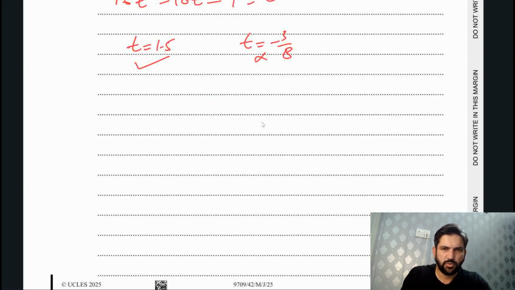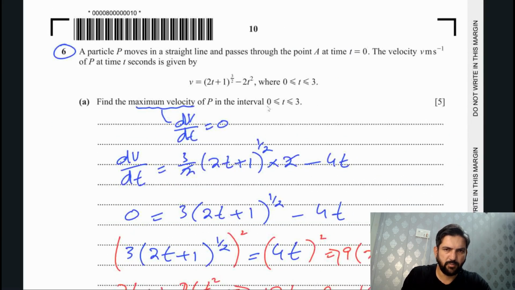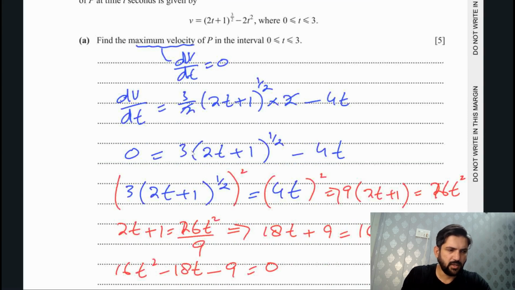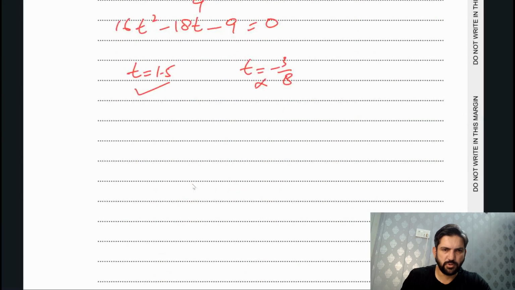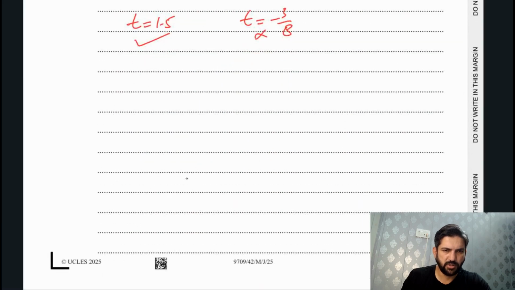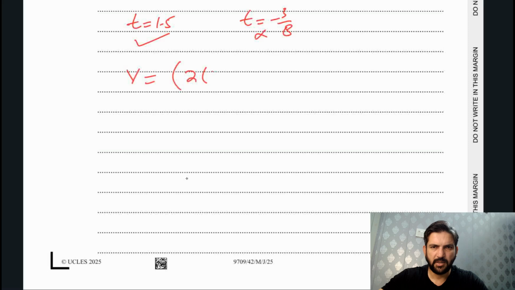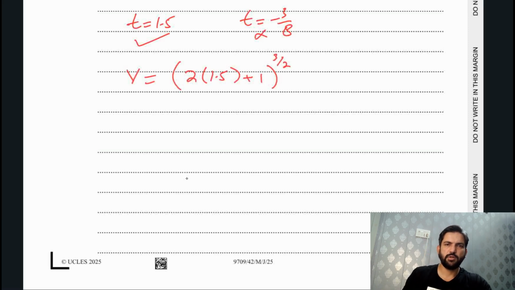It was given to us here that v is equals to 2t plus 1 whole power 3 by 2 minus 2t square. So let me use the values again, that v is equals to 2 into t is 1.5 plus 1 whole power 3 by 2 minus 2 into 1.5 square.